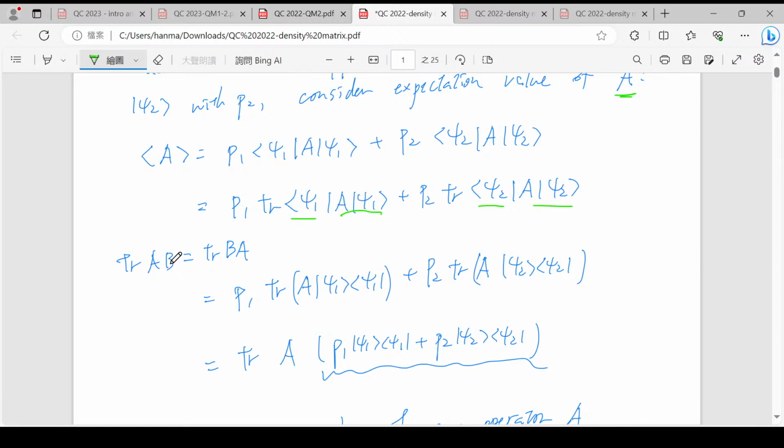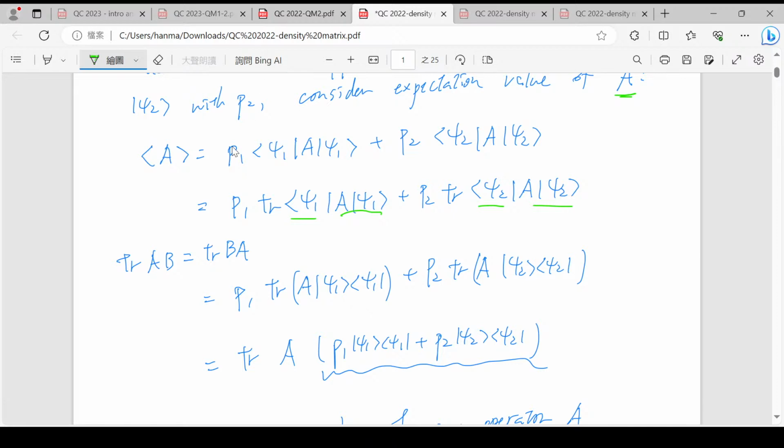The trace has this cyclic property: for any matrices A and B of any dimension, trace AB equals trace BA. So we can view the bra psi 1 as A and A times ket psi 1 as B, and we reverse the order, so we basically move this psi 1 to the end. This becomes trace of A times ket psi 1, then times bra psi 1.